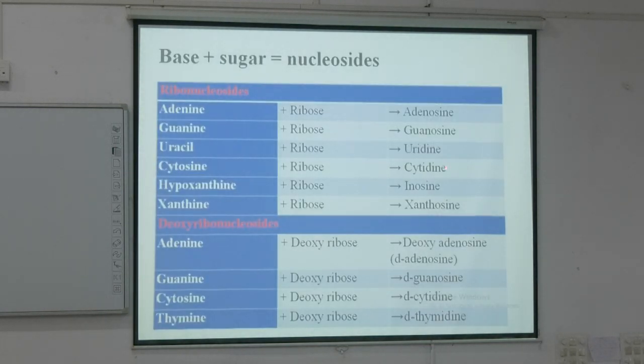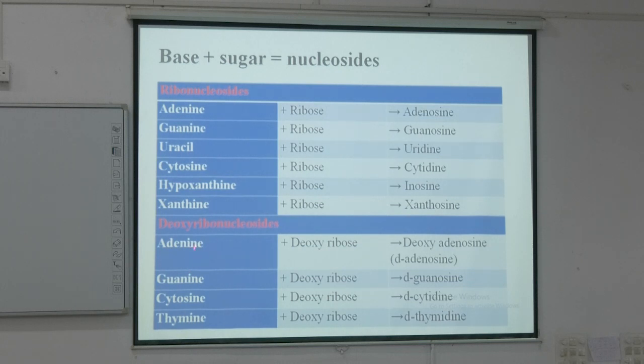All these are your nucleosides. Adenine when it binds with the ribose sugar will form adenosine. Guanine will bind, then it will form guanosine. Uracil forms uridine, like that. Cytidine, hypoxanthine and xanthine. Hypoxanthine when it binds will form inosine. Xanthine, when it binds with the ribose sugar, will form xanthosine.